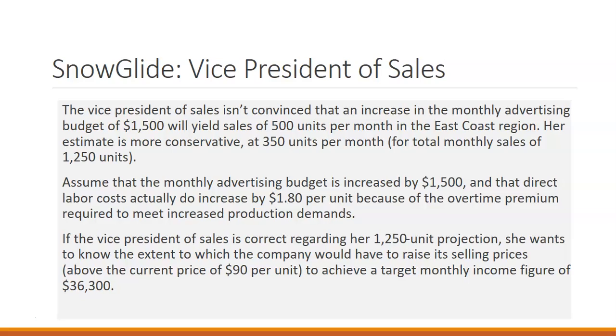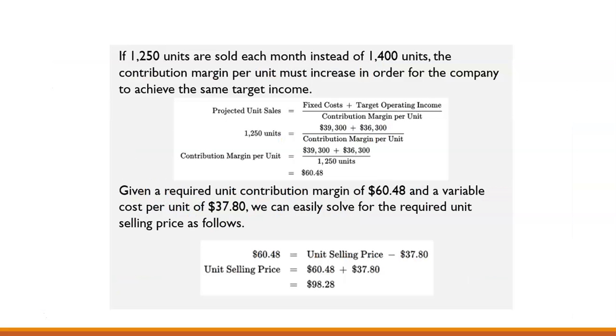So the vice president of sales wants to be a little bit more conservative, but she's also going to take into account that the direct labor costs are probably going to increase with any kind of extra production capacity required of them. So in this example, we're looking at both the increased costs and the reduced contribution margin.